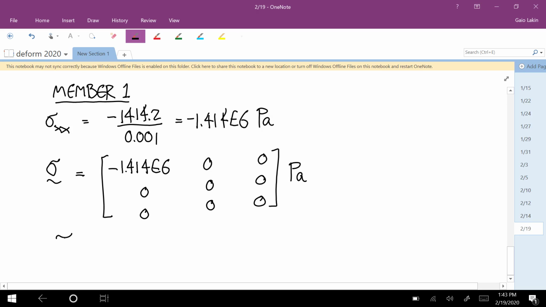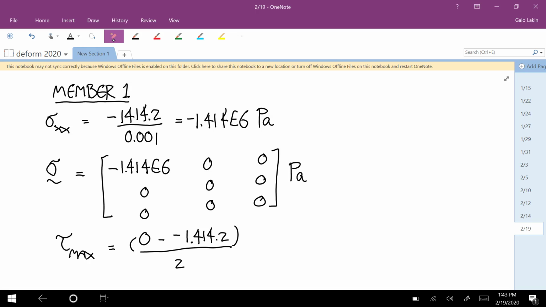So now we can just say that our T max is the maximum principal stress minus the minimum principal stress divided by 2. 1.414 times 10 to the 6.